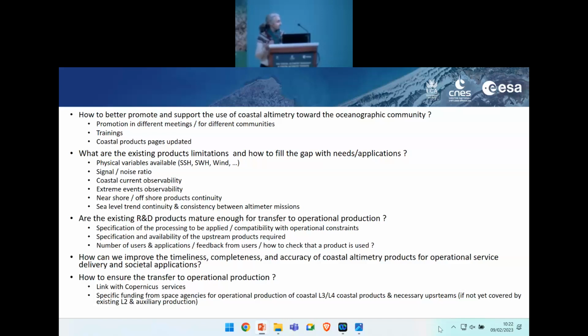Because this continuity in the product is very hard to manage when we are using the data for different applications. Myself, I have no application that only focuses on the coast or only on the offshore area. It's always mixed. So we need a continuity of the product.